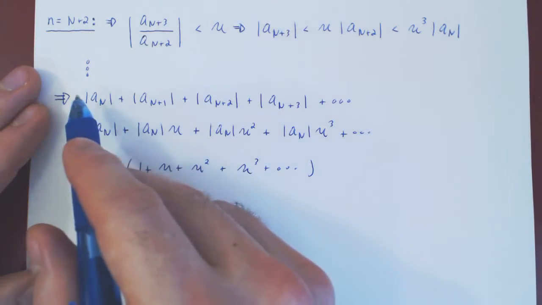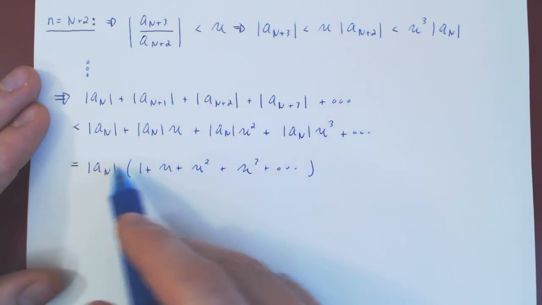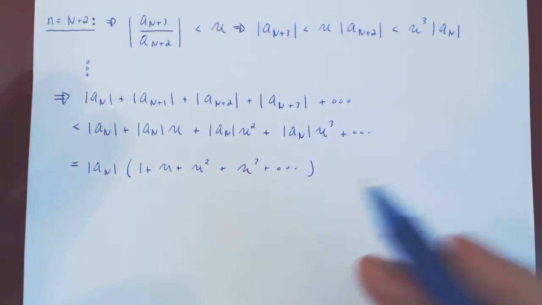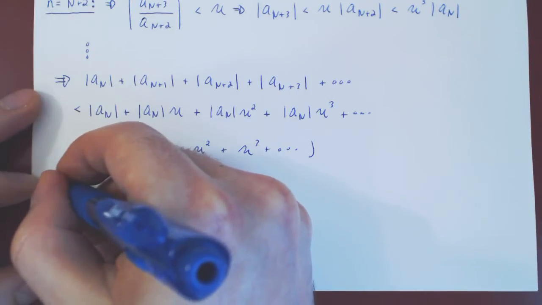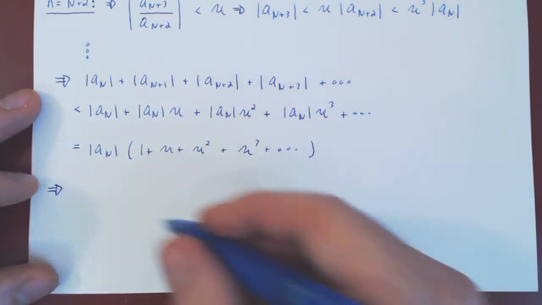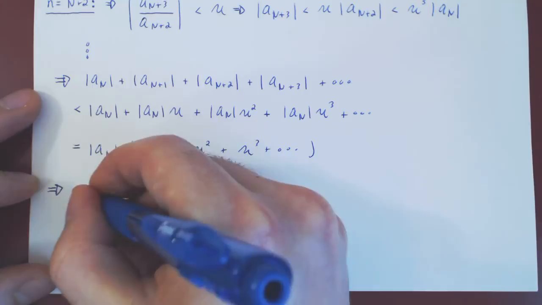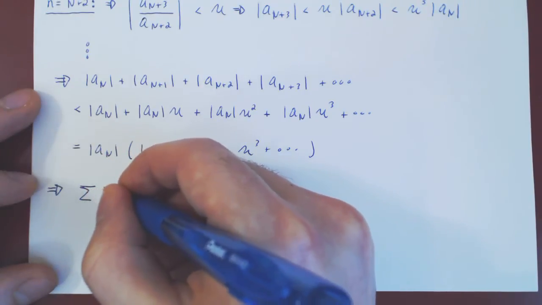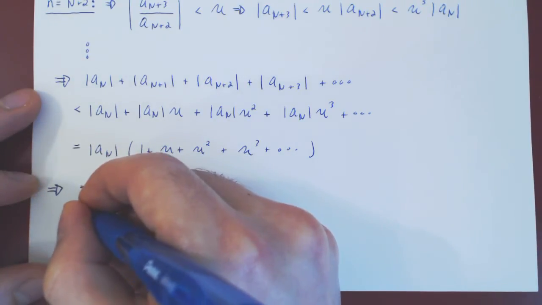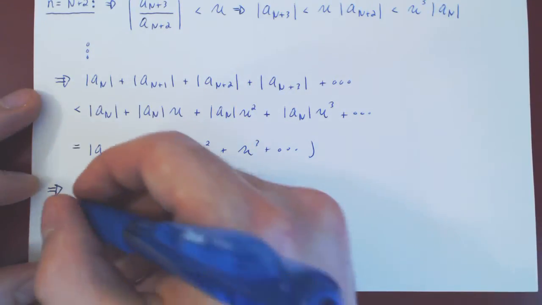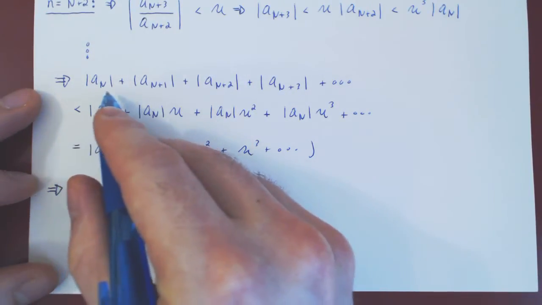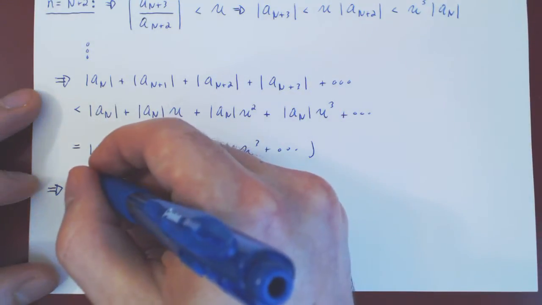And now let me rewrite this expression concisely using sigma notation. So what do we have here? We are summing |a_n| when lowercase n begins at uppercase N and goes all the way up to infinity.